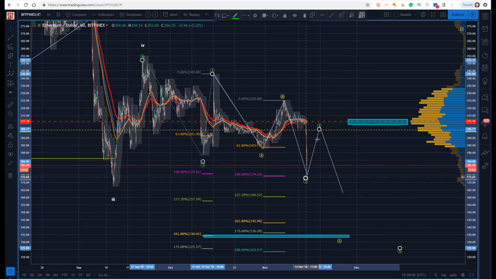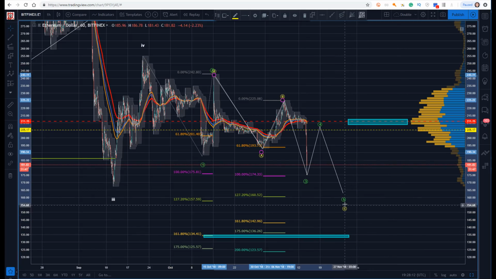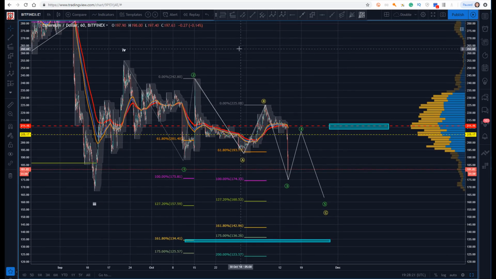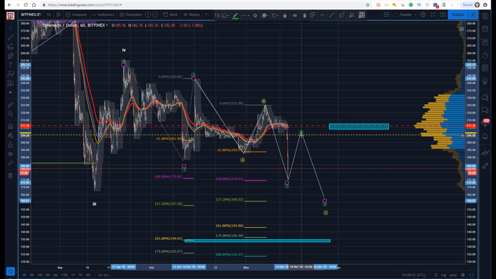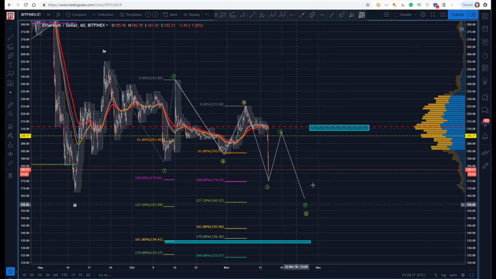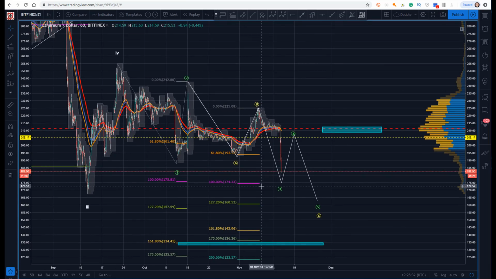So you'd be looking at 3, 4, 5 down here to complete the C of a diagonal. Yeah, it's possible. I can't say that I love it enough to where I'd want to be looking for that short there. And certainly down here at these levels, you certainly could think of it this way.